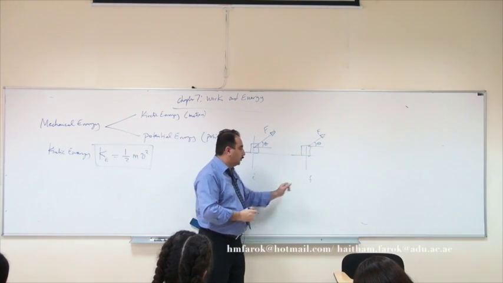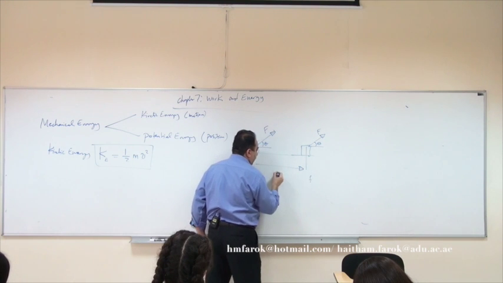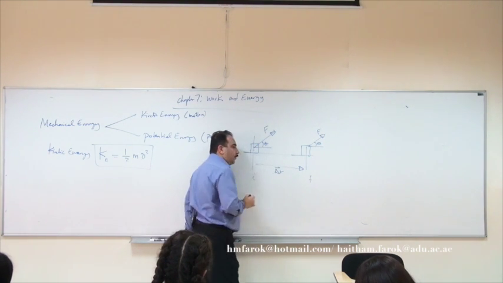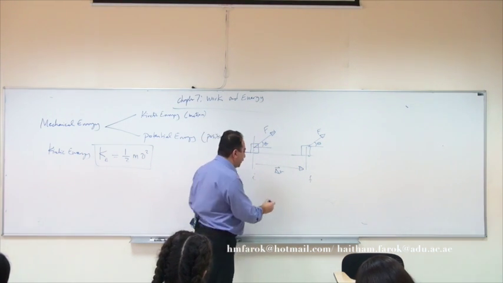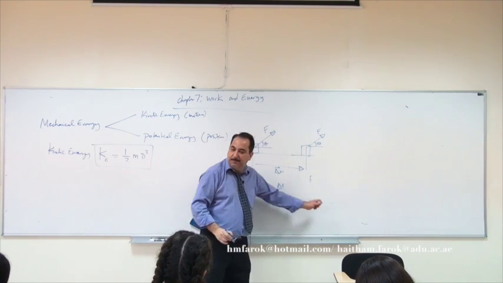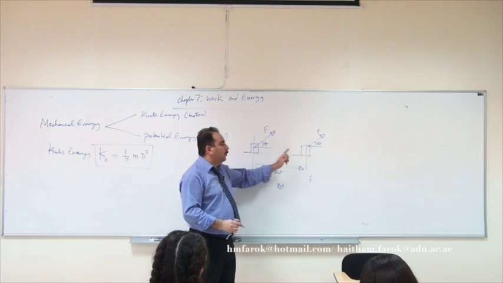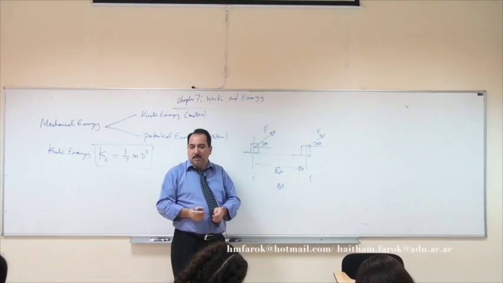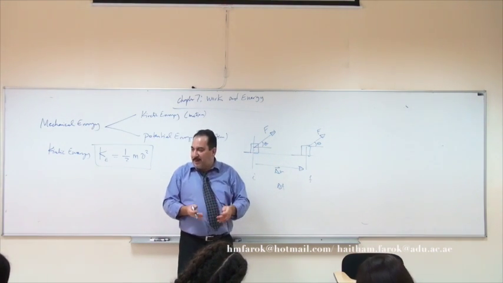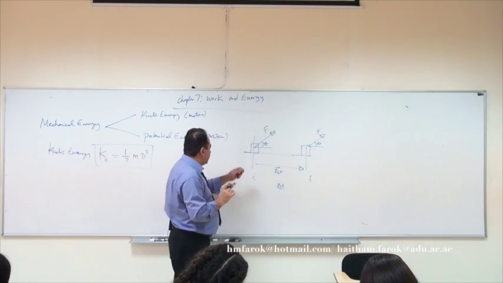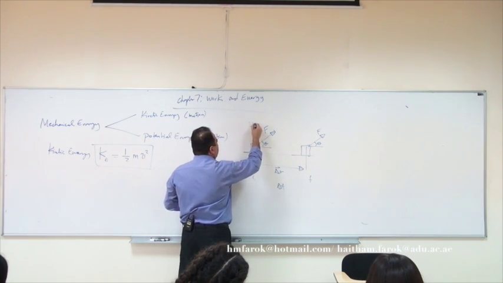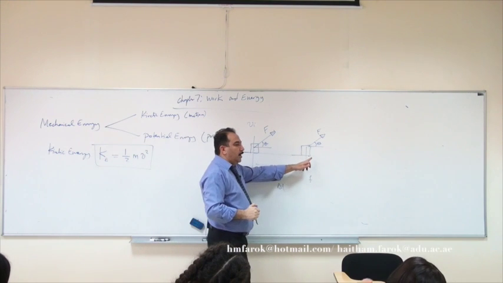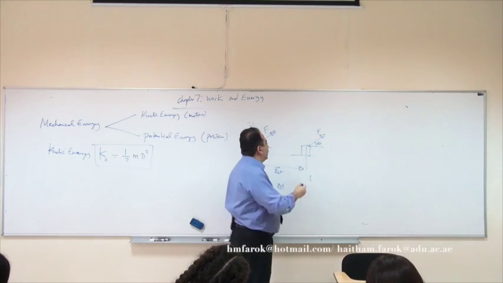So between those two, what do I have? Displacement, delta r. And of course, this will happen in a time, delta t. And when the object moves, let's say initially it wasn't at rest. The object was in motion already, and then I apply the force. So what do we have here? Initial velocity, and here, final velocity.